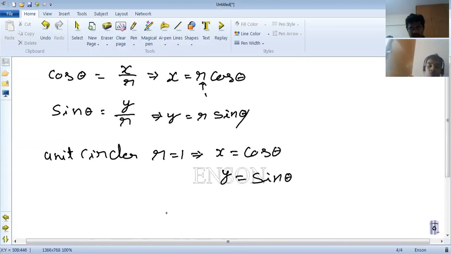There is no confusion actually. From the unit circle we have derived the sin theta and cos theta values, and for the unit circle r is equal to 1, the radius of the unit circle is 1, so x will be cos theta and y will be sin theta.